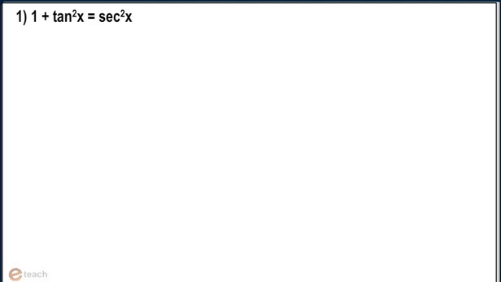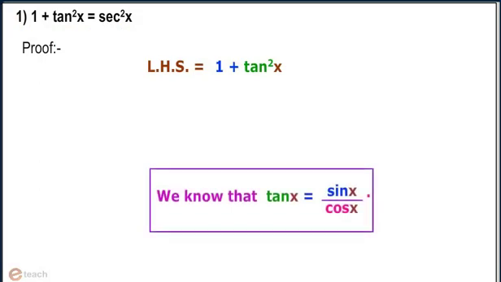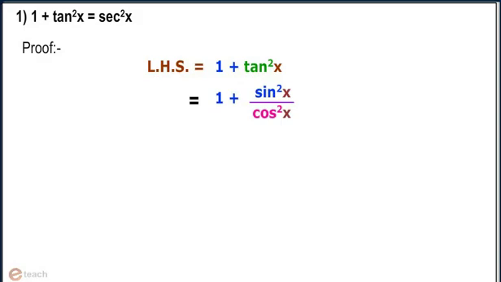The first one is 1 plus tan square x equals sec square x. Let us see the proof. 1 plus tan square x, which is the left hand side. We know that tan x equals sin x by cos x. So we write it as 1 plus sin square x by cos square x.